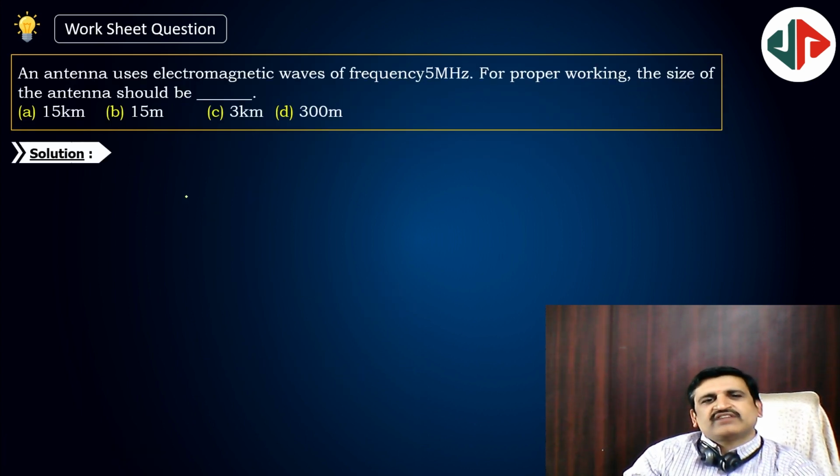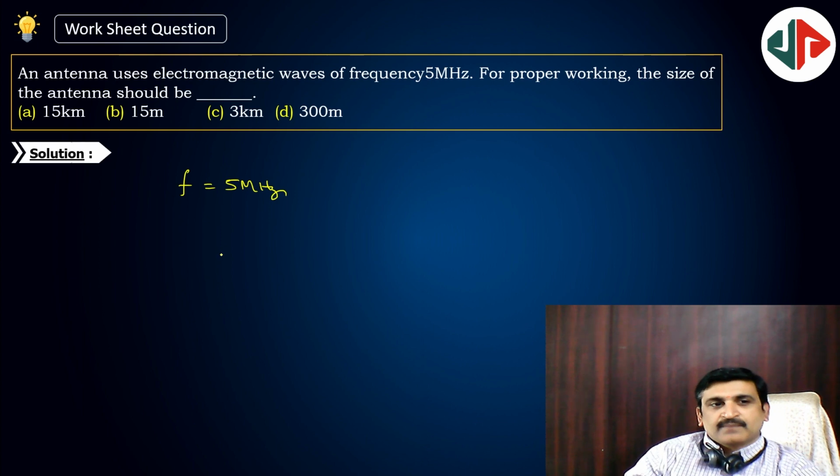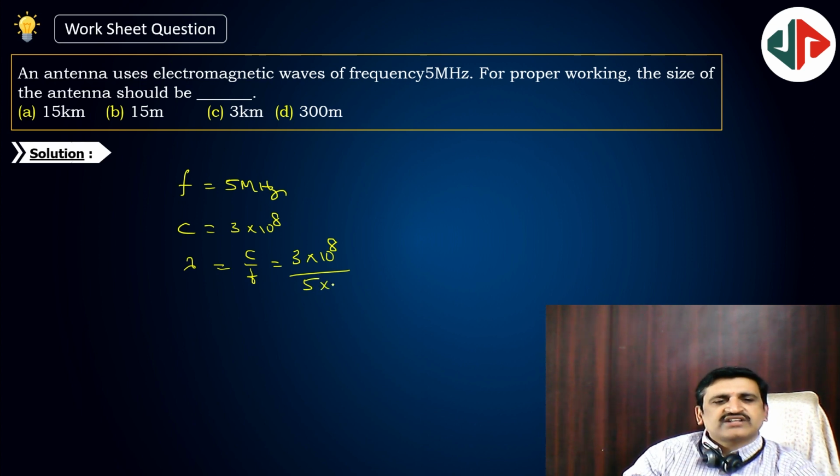An antenna uses electromagnetic waves of frequency f equal to 5 megahertz for proper working. The size of the antenna should be: c equal to 3 into 10 to the power of 8, and lambda is equal to c by f, that is 3 into 10 to the power of 8 by 5 megahertz, 10 to the power of 6.